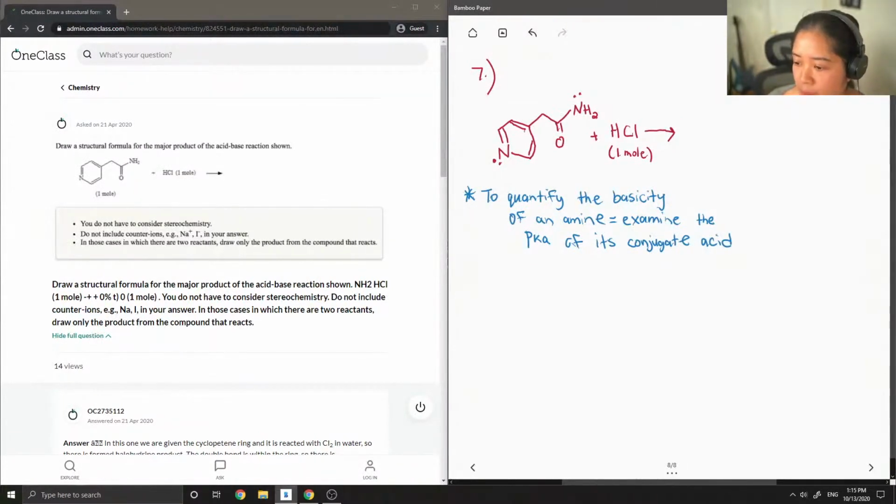So again, in order to find out which base is stronger, we want to look at the pKa of its conjugate acid. So I'm just going to draw out what these conjugate acids may look like.